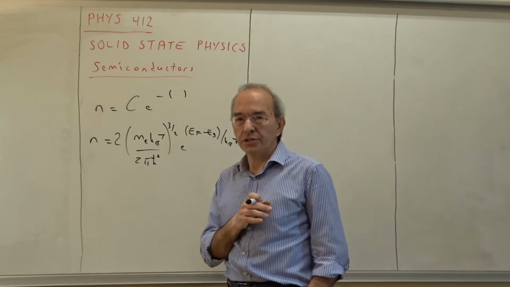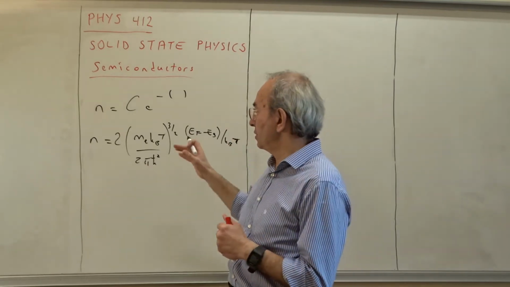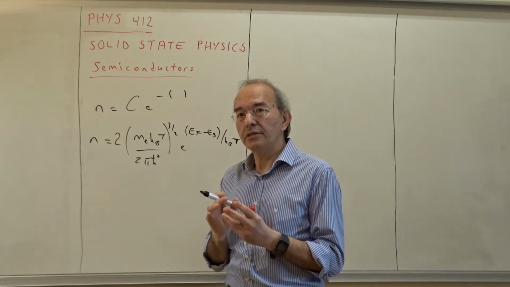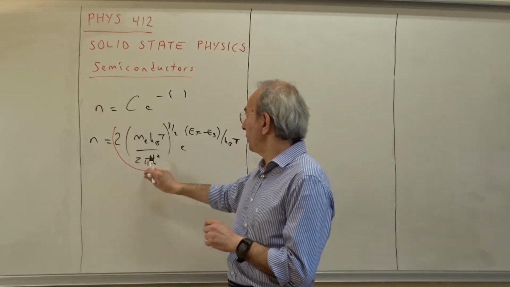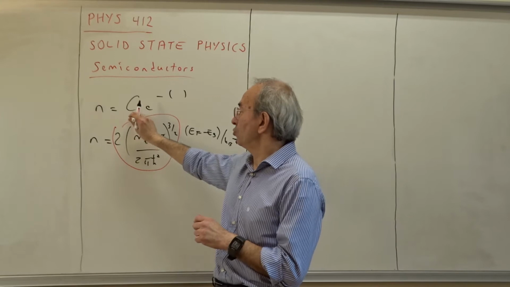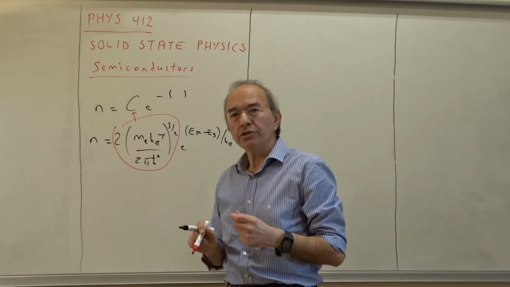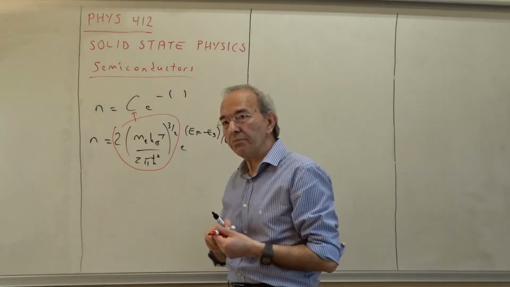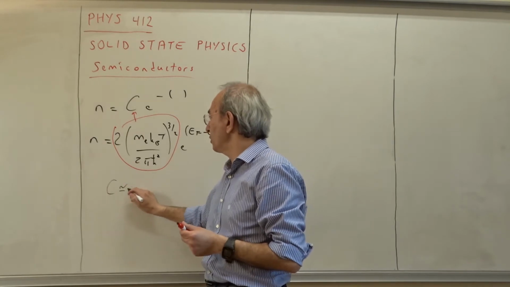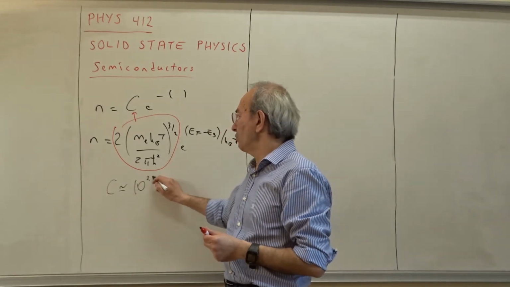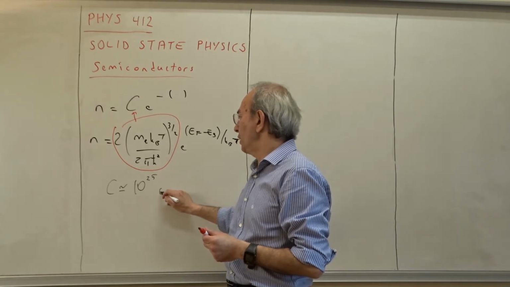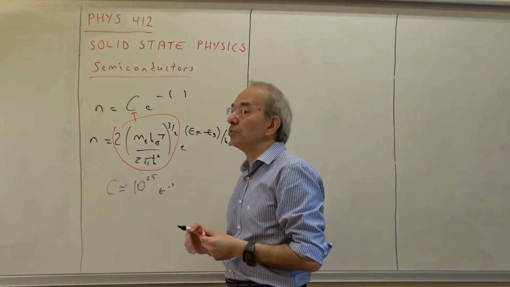In the previous lectures we calculated them, so this is the result, and it consists of basically two parts. The part before the exponential is a certain constant, which is a number. This C is approximately, for some calculations, the practical value is almost 10 to the 25 per cubic centimeter or per cubic meter, for instance.